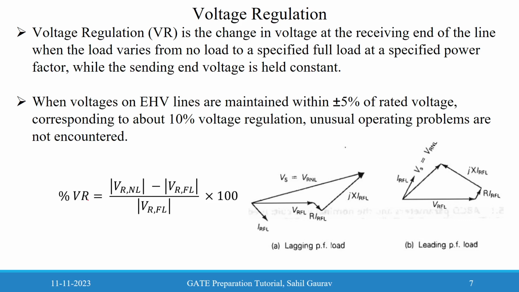So voltage regulation expresses how much your receiving end voltage varies from no load to full load. It is the ratio of the difference between the no load and full load receiving end voltage, divided by the full load receiving end voltage. So this is important.